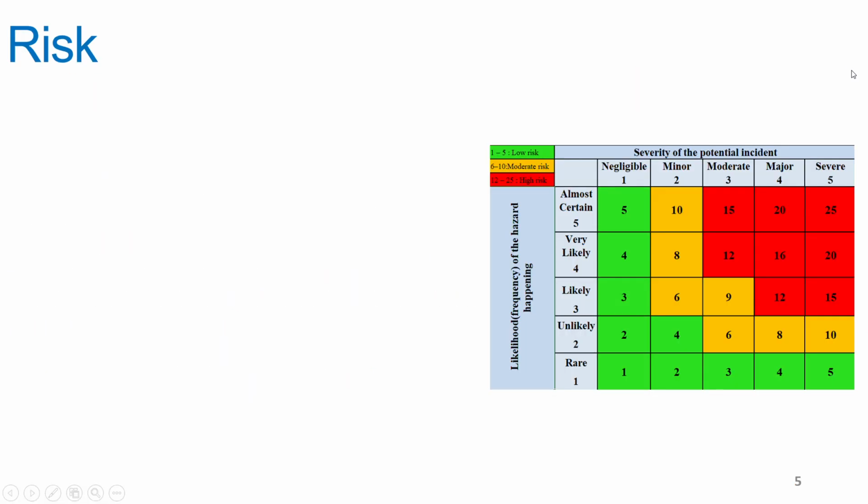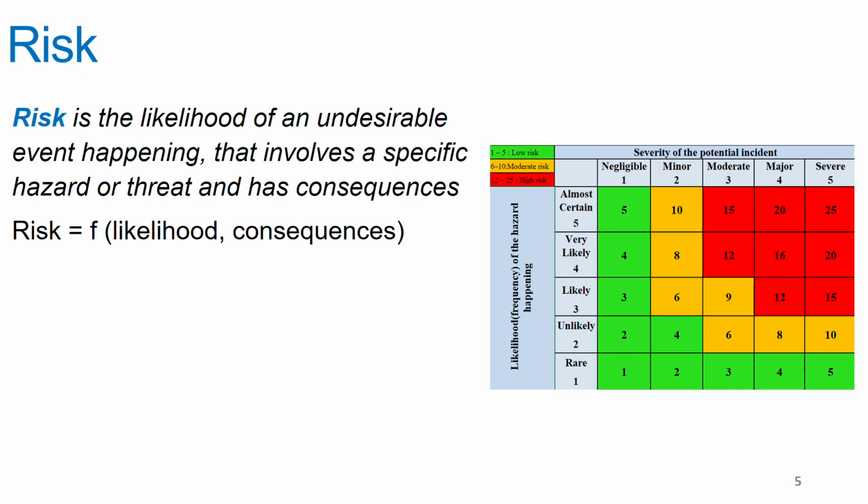Okay, so let's look at risk a little bit in detail. So we'll try to redefine what risk is, but then we've already defined it. So, but then let's just try to look at it from a deeper level. So risk is the likelihood of an undesirable event happening.